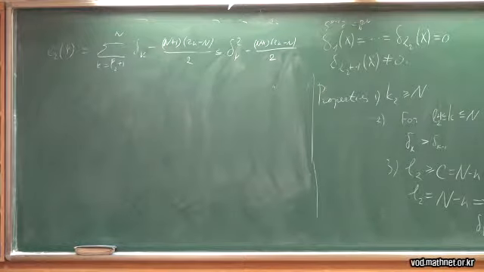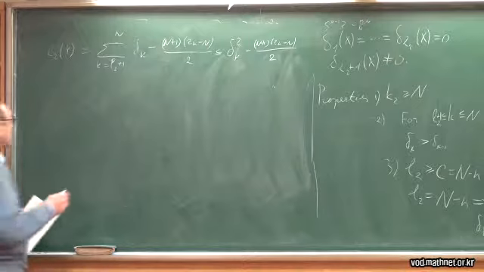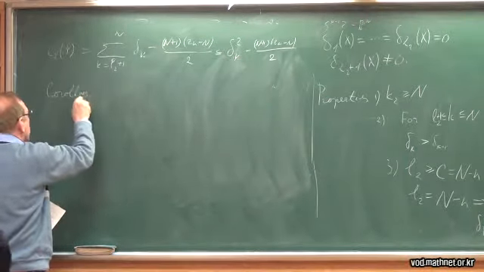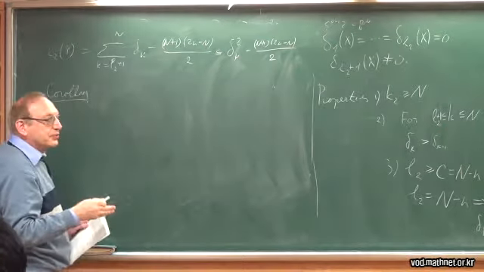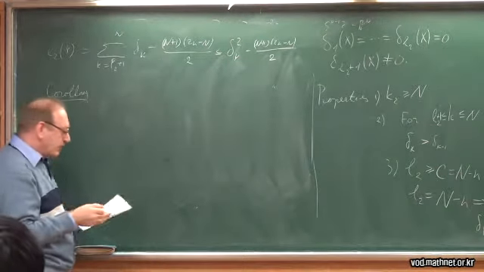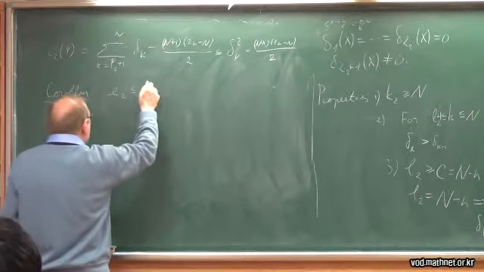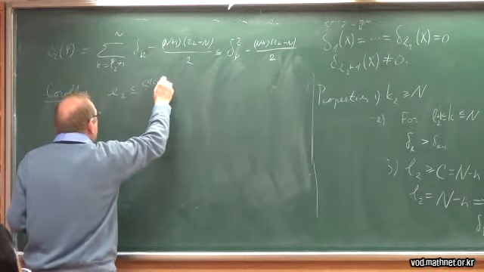And as a corollary, we get immediately the following inequality. It's a trivial consequence of the elementary theorems that I proved, these bounds that I proved. So we always have this inequality.